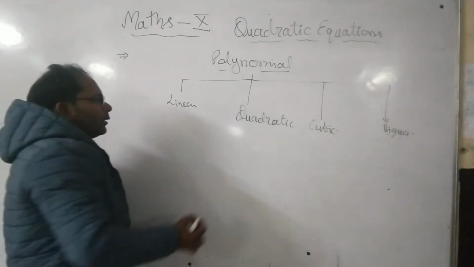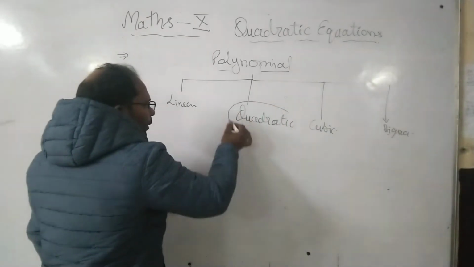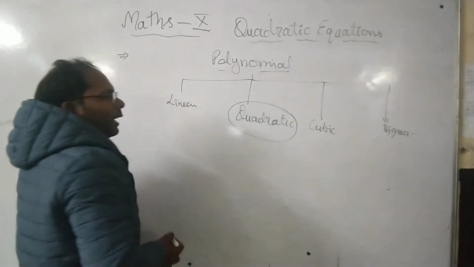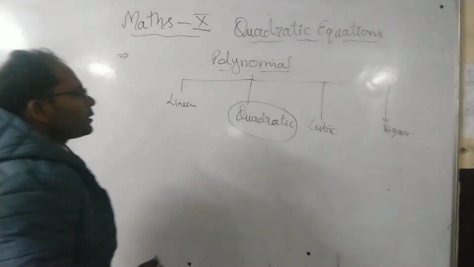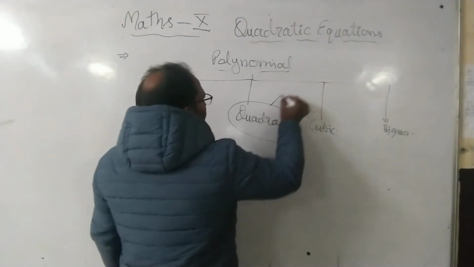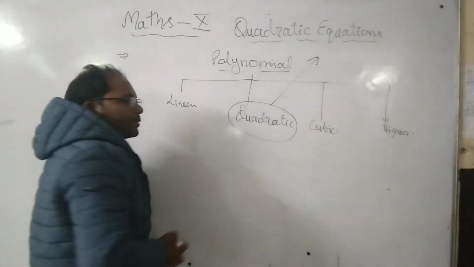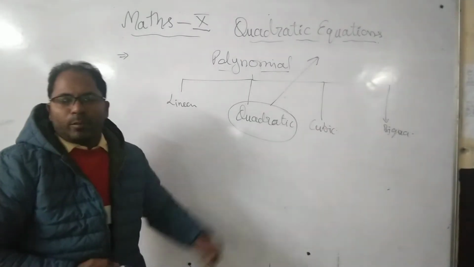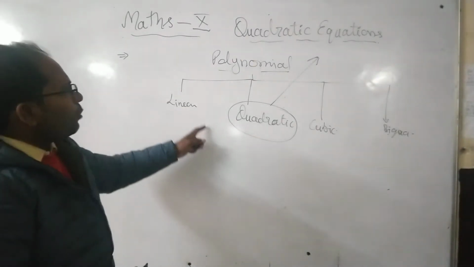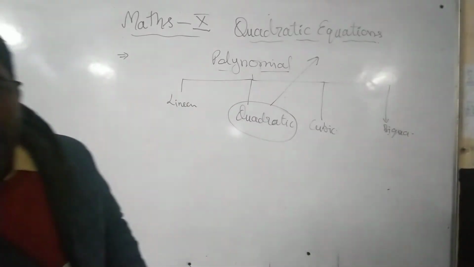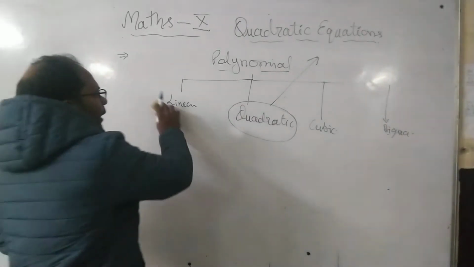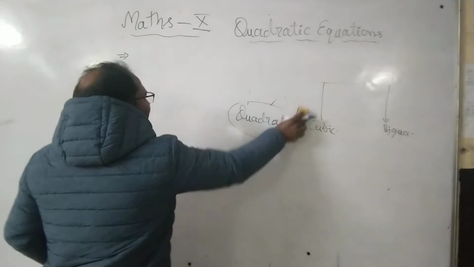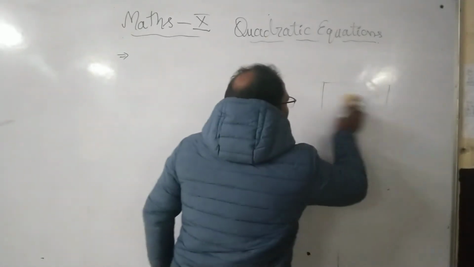But here this quadratic polynomial has been separated and made as quadratic equation. This is the chapter separated based on quadratic polynomial. So we will learn about the quadratic polynomial or quadratic equation. So what is a quadratic equation?